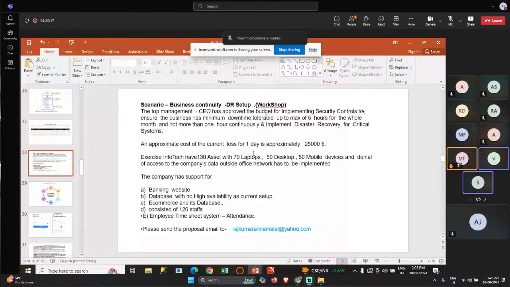The company has 130 assets, with 70 laptops, 50 desktops and 50 mobile devices, and denial of access to the company's data outside the office network has to be implemented, right?